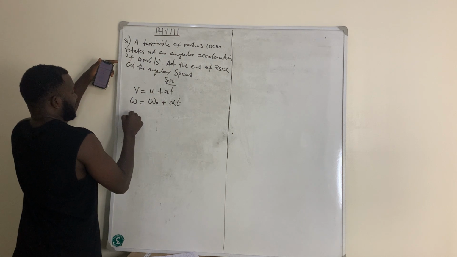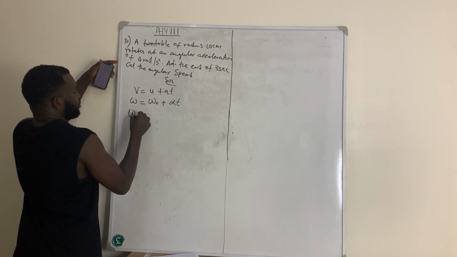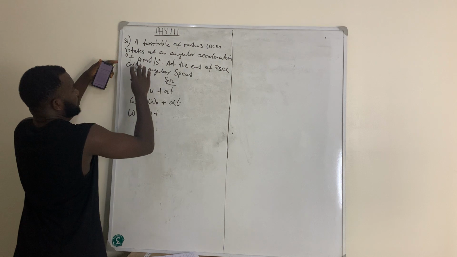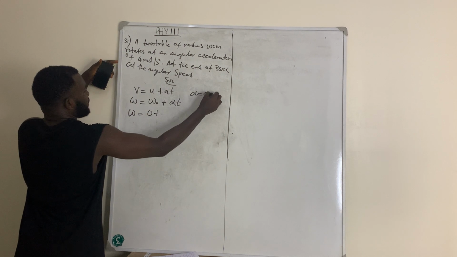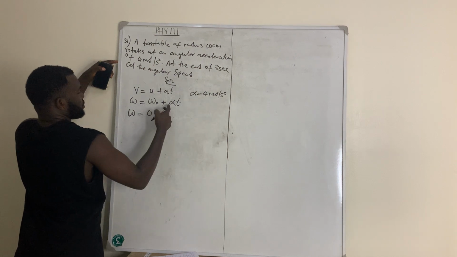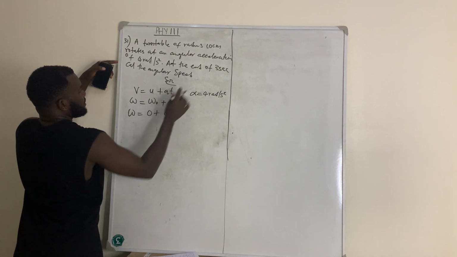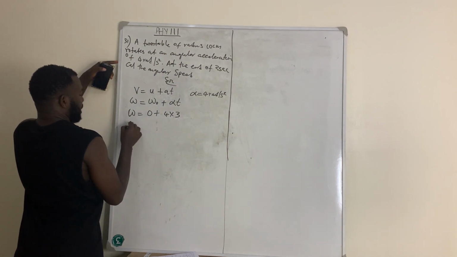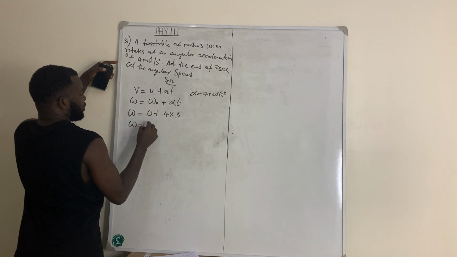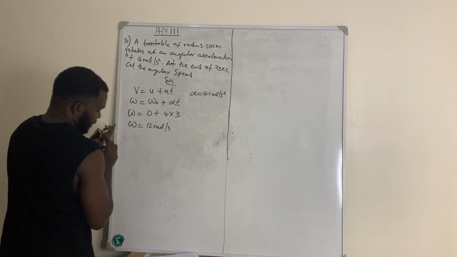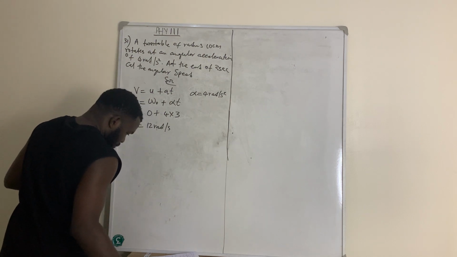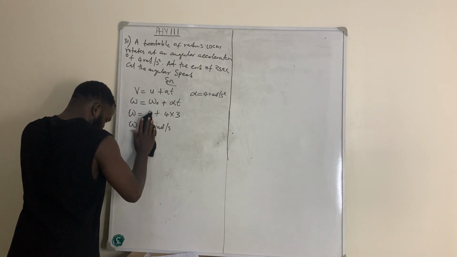So w will be 0 plus 4 rad per sec square times 3, so my angular speed is 12 rad per sec. This is a very, very simple question. We move to question number 32.